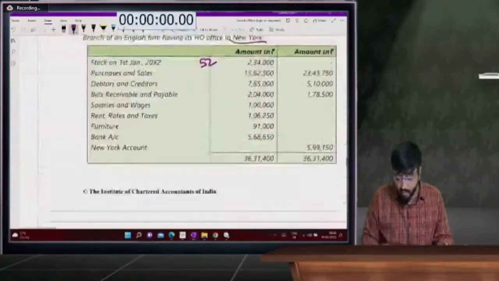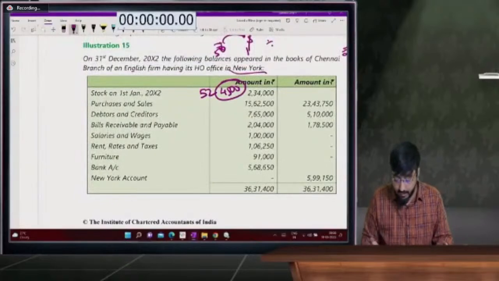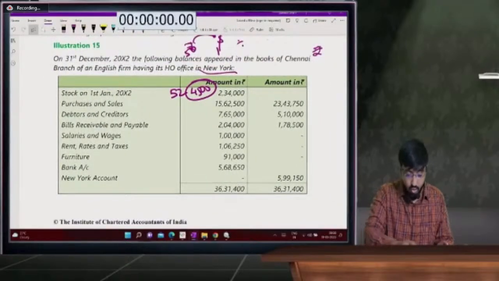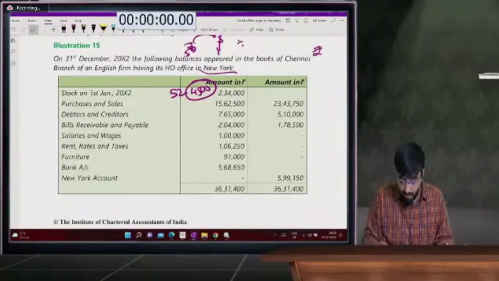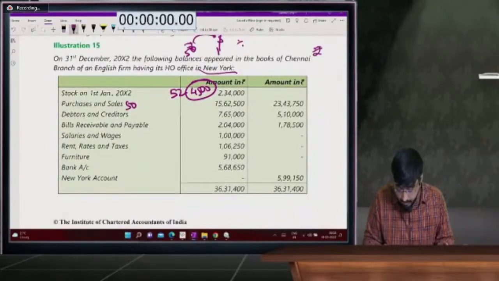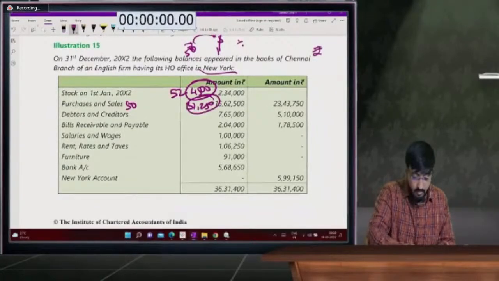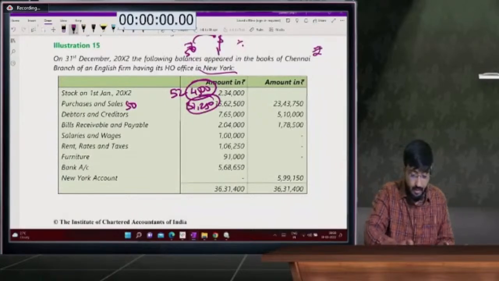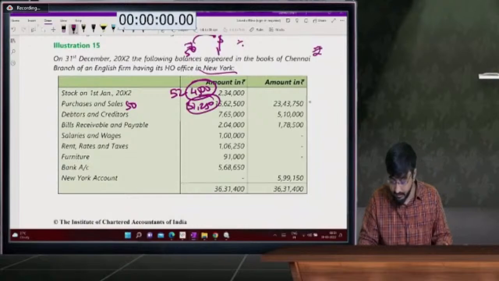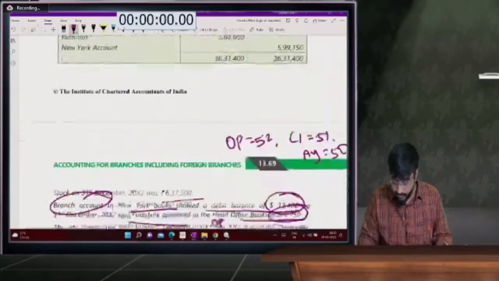Opening stock on the debit side of the trading account is 4,500. For purchases we take the average rate: 15,62,500 divided by 50 gives 31,250 for purchases. Then 23,43,750 divided by 50 gives 46,875.